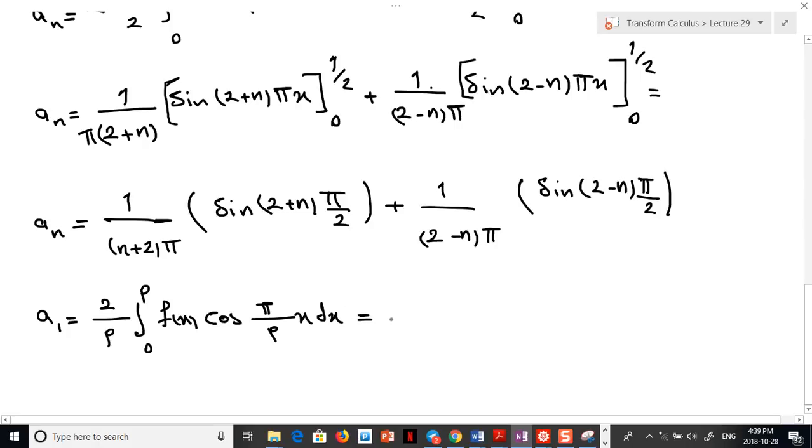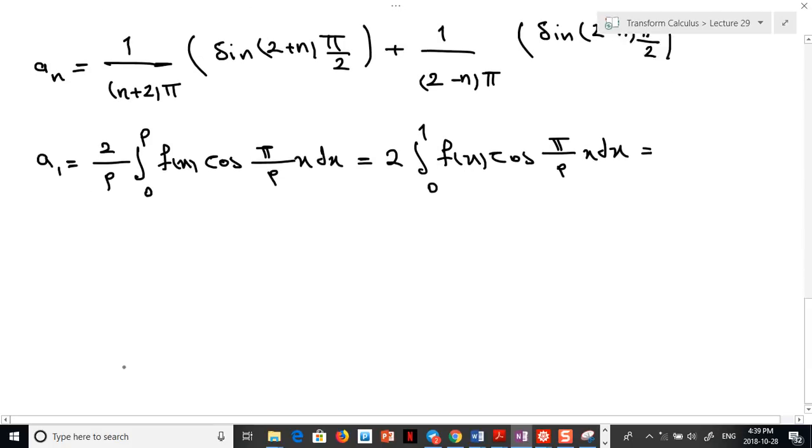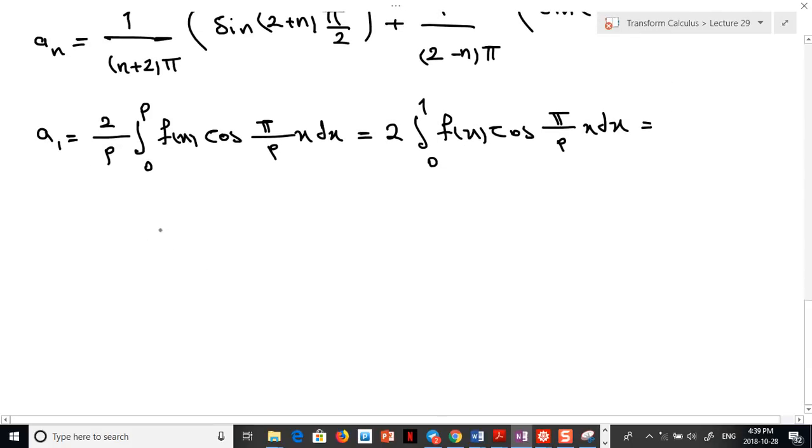So it's equal to, p is 1, so we have 2 times the integral from 0 to 1, f(x) cosine pi over p x.